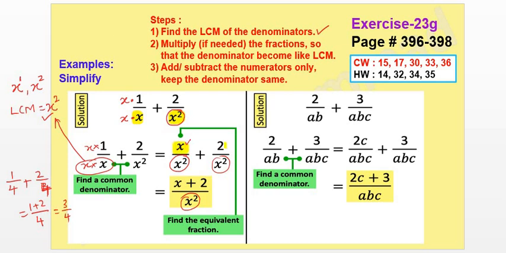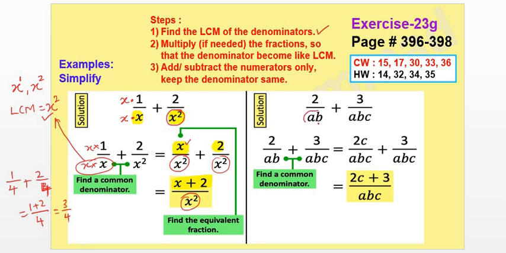What are the numerators? x plus 2. So I will write x plus 2 in the numerator. Because x and 2 are unlike terms, I will leave them like this. But in case they are like terms, then I will simplify them. Clear? Now let's see the second example.